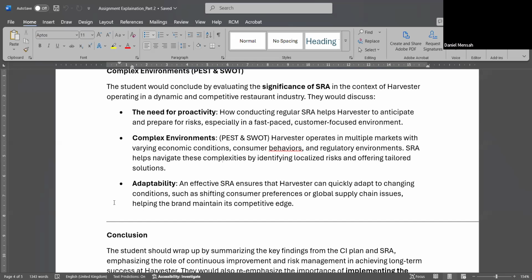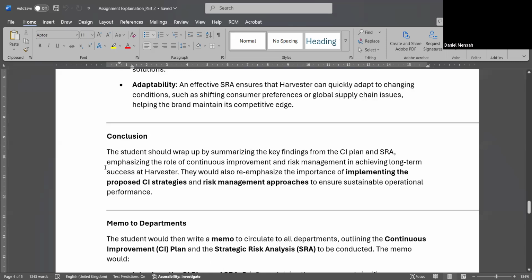Again, PEST analysis can help you to figure out any kind of global supply chain issues. Like after Brexit, Tesco was facing loads of challenges for its supply chain because they were heavily reliant on European countries. So this is how you will be concluding your task.